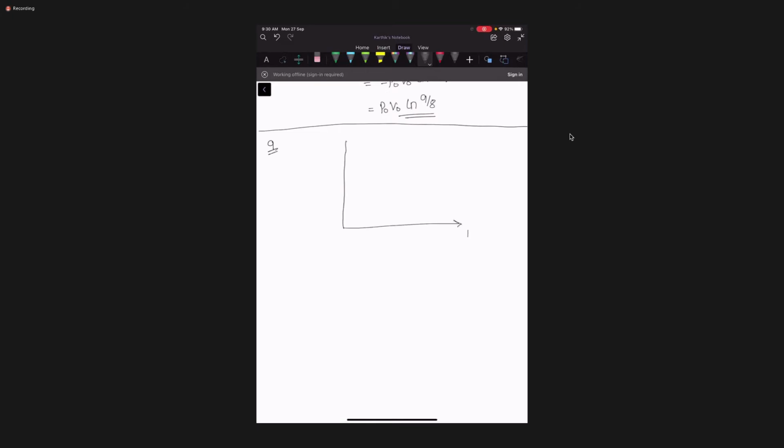This question also has temperature and pressure. I think this is 3 T naught, and this is T naught, but the diagram is also wrong.